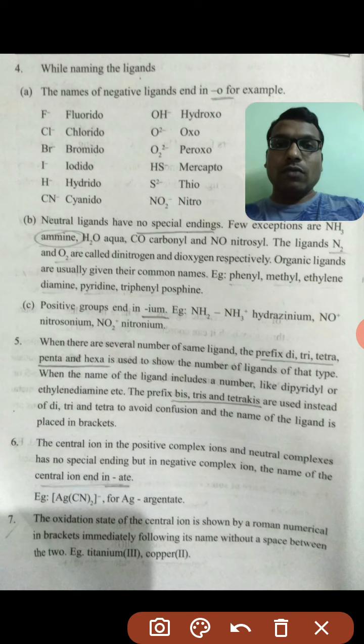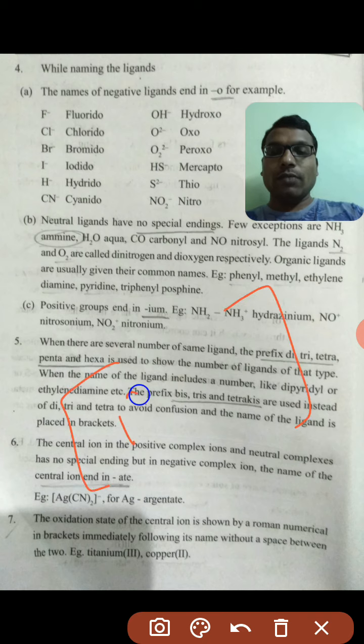Suppose the metal ion, ML_n, is present in a positive complex or a neutral complex, with no charge. What happens? There is no special ending.